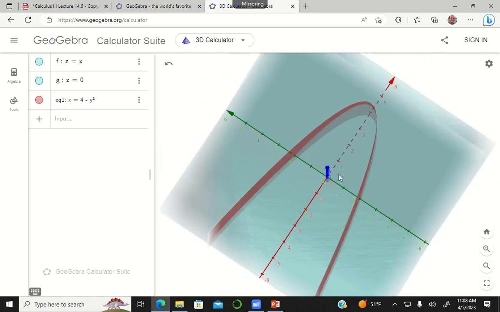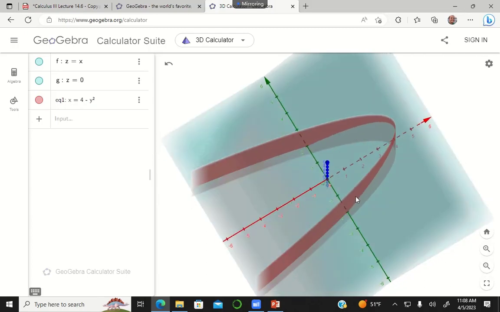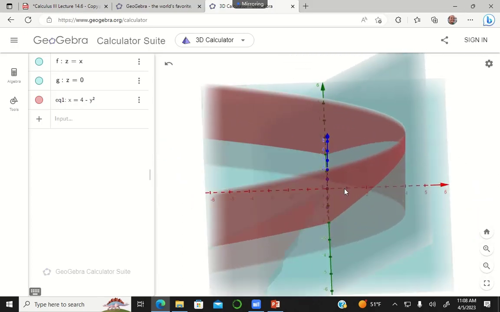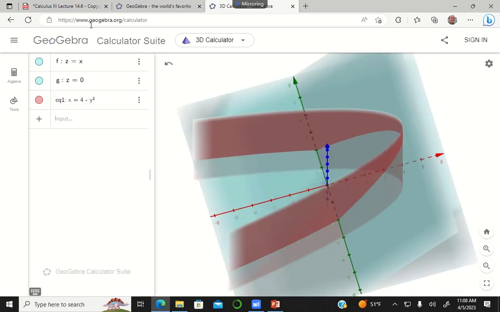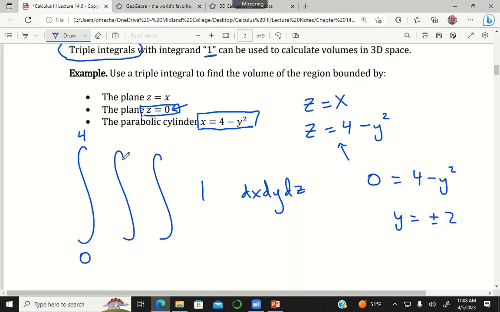So the values of y I'm allowed to have seem to depend a little bit on the value of z, right? And I'm allowed to make this a function of z because I'm integrating with respect to z last. So these bounds of my middle integral can be a function of z, and I guess I could just rearrange this equation.